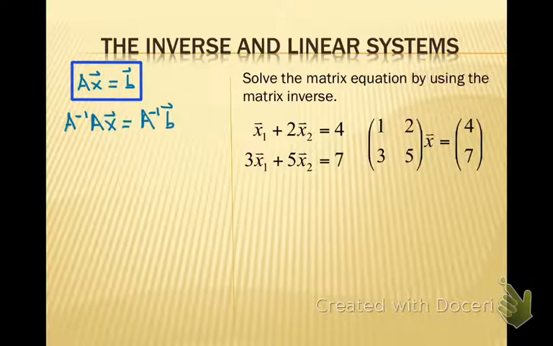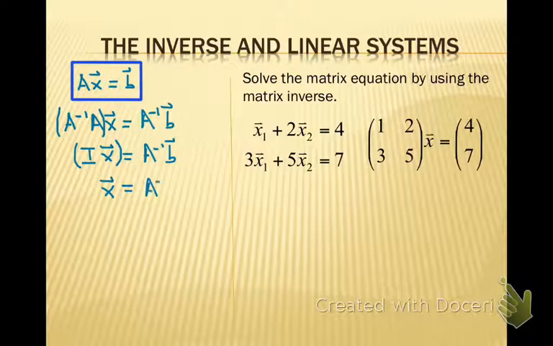So now I'm going to group A inverse with A, and we know that A inverse times A is the identity. So if A inverse is the inverse of A, then when I take their product, I get the identity. We also know from our previous knowledge of what the identity does, whenever we multiply the identity by a vector x, we simply get x back.